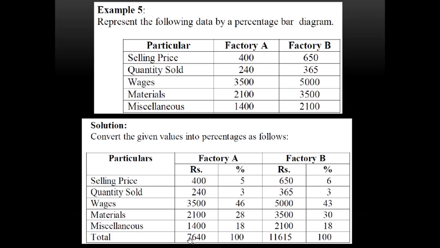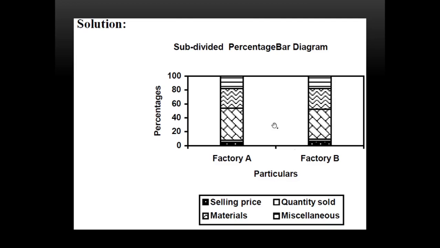Total is 7640 here. 400 divided by 7640 into 100 gives us 5%. Like this, by using the formula, we can convert all these values into percentages. Then this is the subdivided percentage bar diagram. Factory A, factory B, these are the percentages.